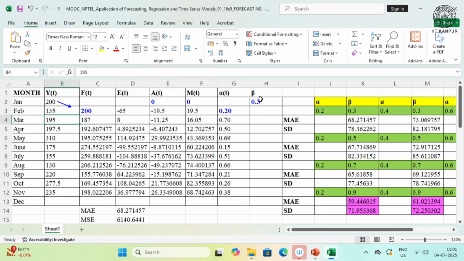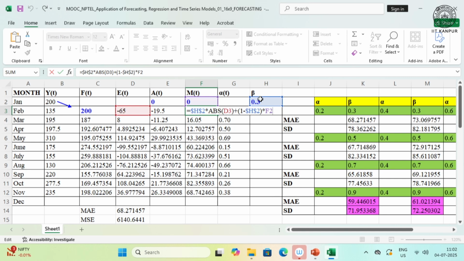I will take 195, 187, 8, minus 11.25, 16.05, 0.7. This is for April. And MT is found out, if you remember, as beta into the absolute value of ET plus 1 minus beta into the previous value, MT minus 1.